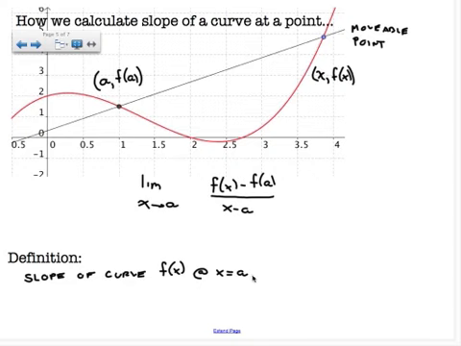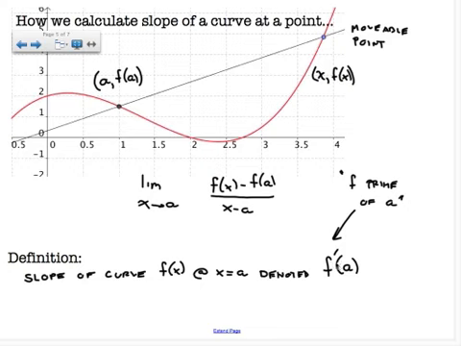So the slope of a curve f of x at x equals a is denoted as f prime of a.